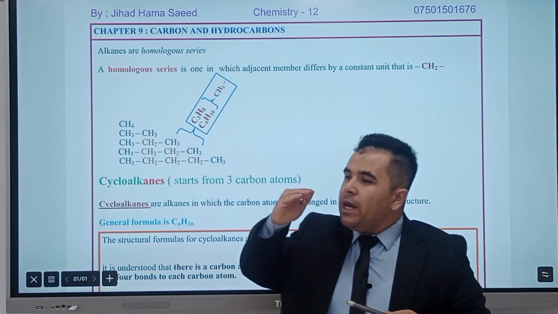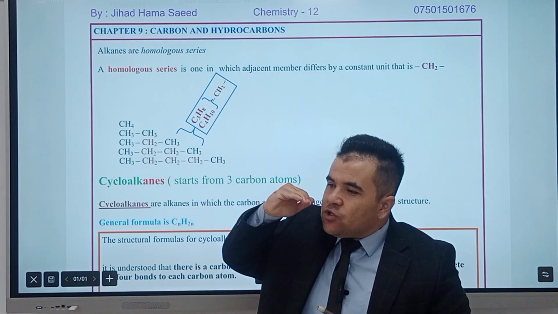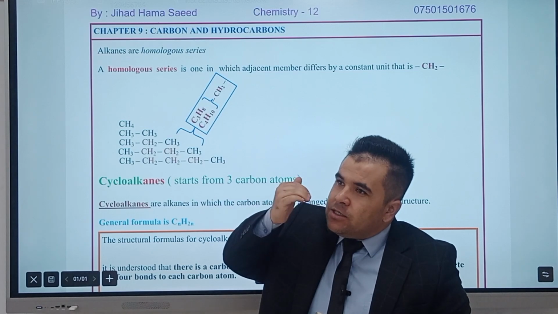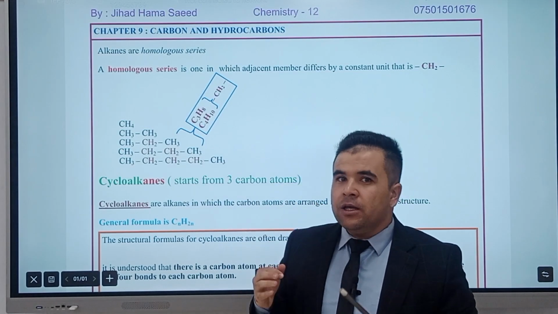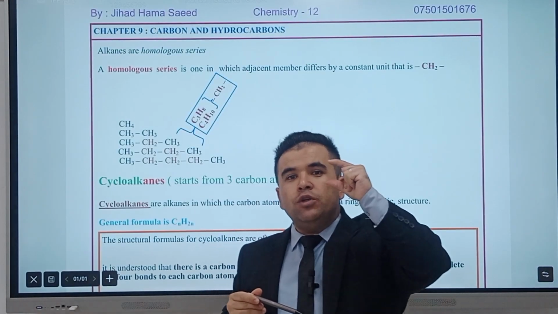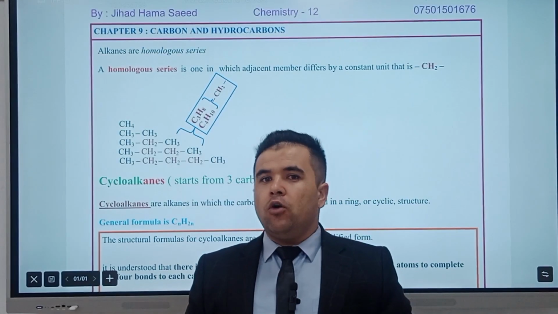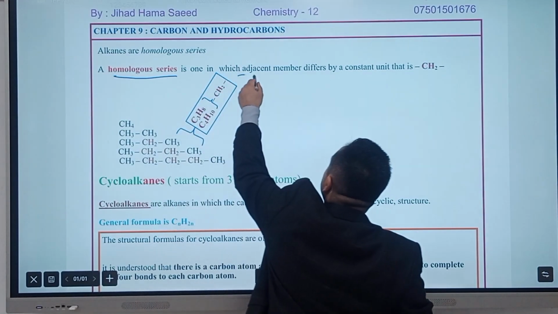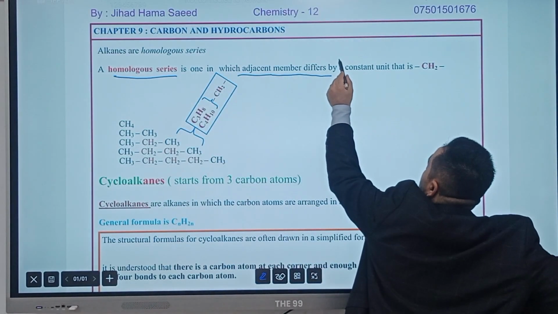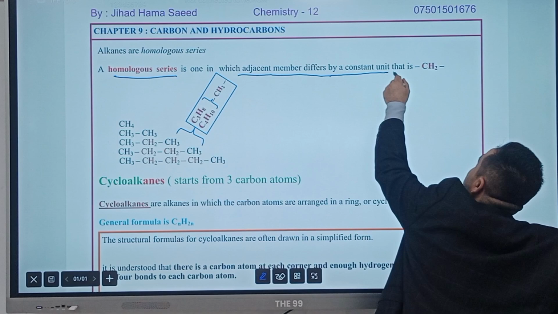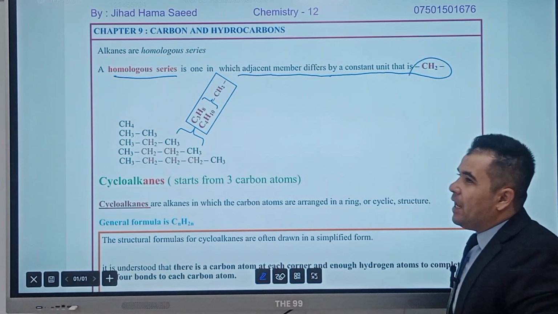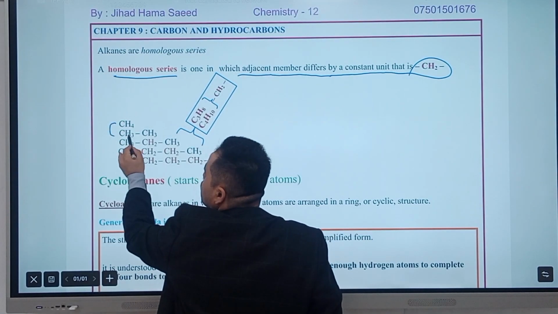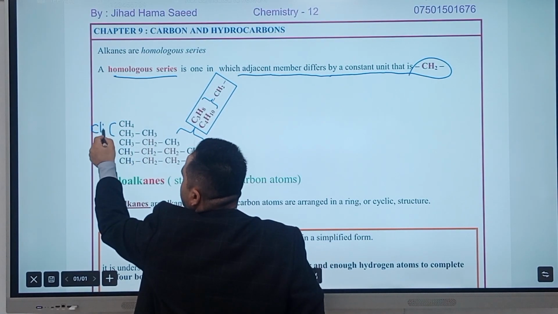But guys, from one alkane to the next, CH4 to C2H6, C2H6 to C3H8, there is a constant unit by which they change, which we call the homologous series. The homologous series is one in which the adjacent members differ by a constant unit, which is CH2 for the alkanes. Have a look here: between CH4 and C2H6, we have a difference of CH2.